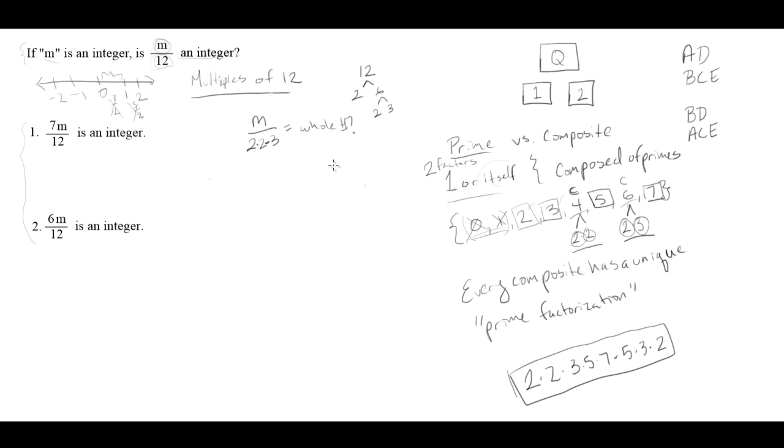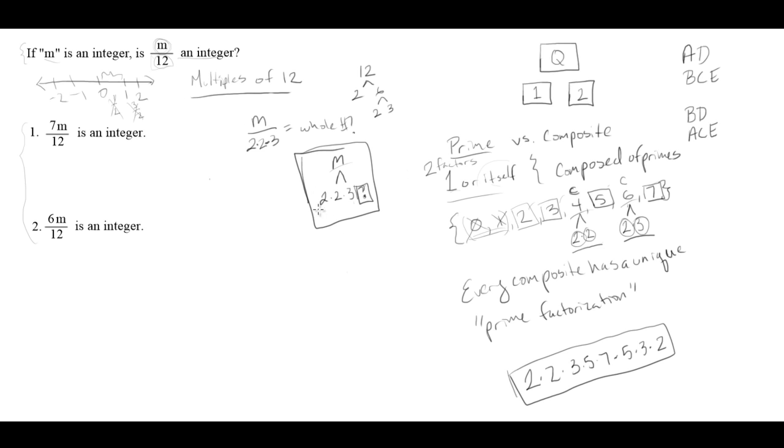This division would give me a whole number when m itself has a 2, a 2, and a 3, and possibly something else in the prime factorization. So this is the real question that the GMAT is asking me. The GMAT's really asking me, is there a 2, 2, and a 3 in the prime factorization of m? Because if this is true, then that is also true.